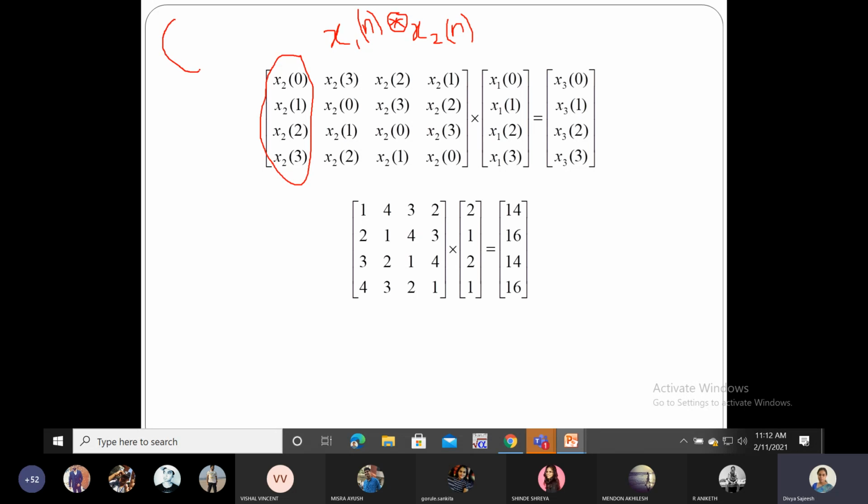Next I have x2 of 1, next x2 of 2, and next x2 of 3.